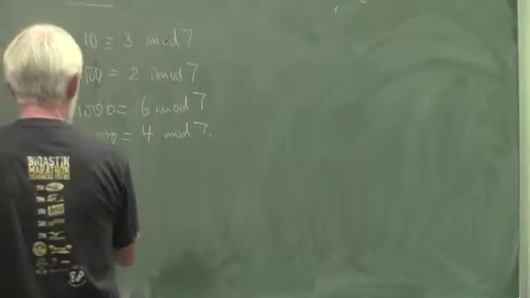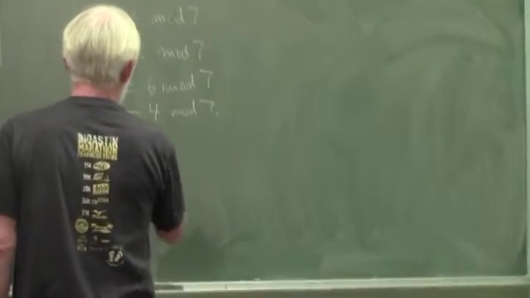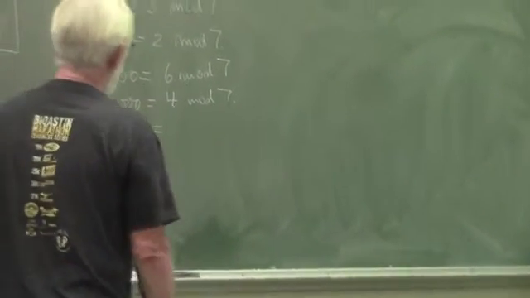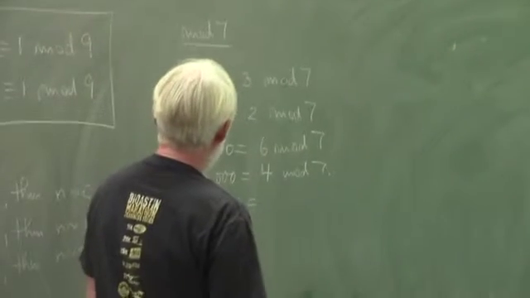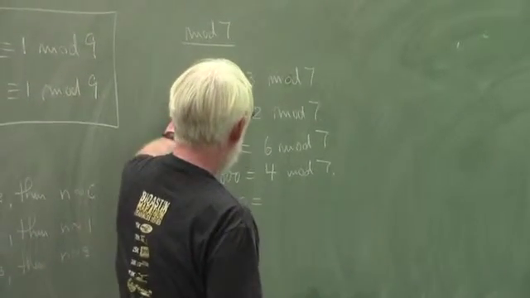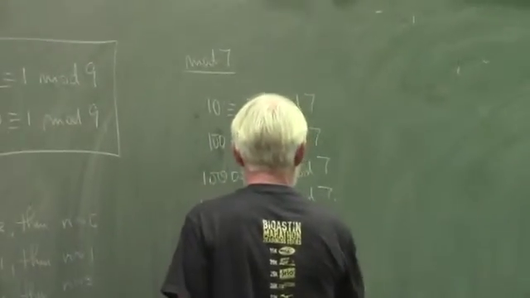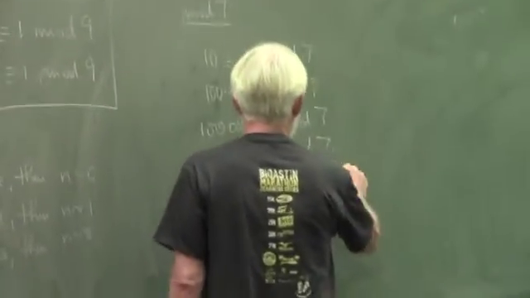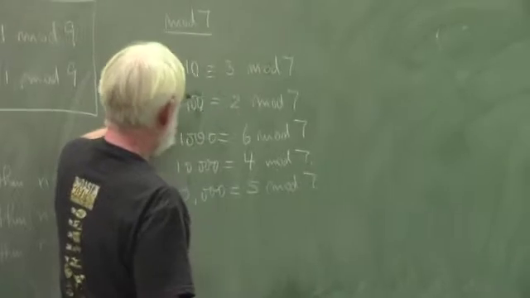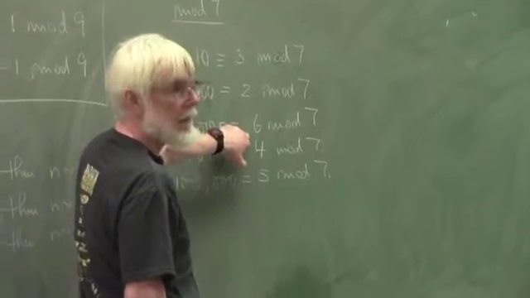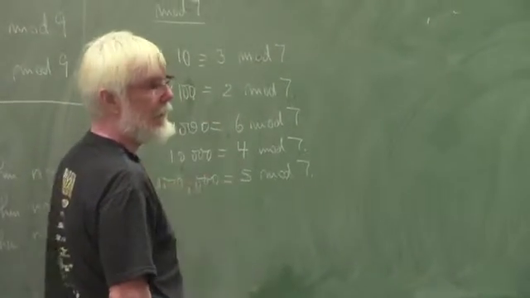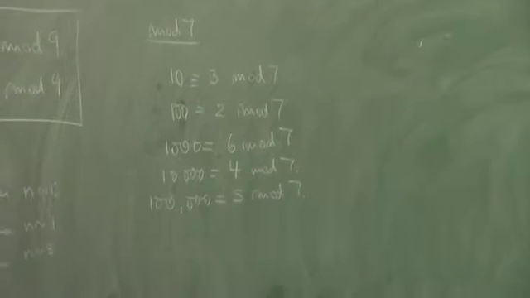So, 100,000. 100,000 is 2 times 6, which is 12, and 12 is 5, right?